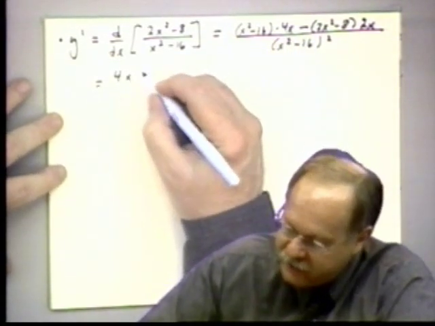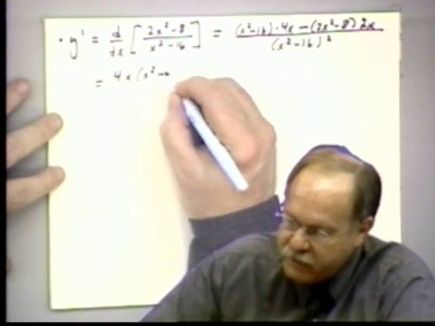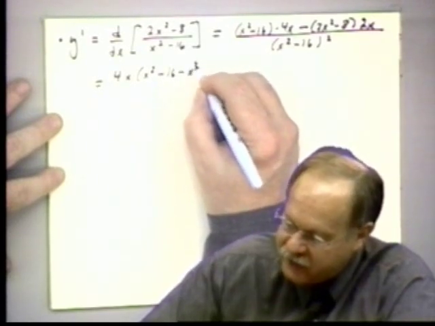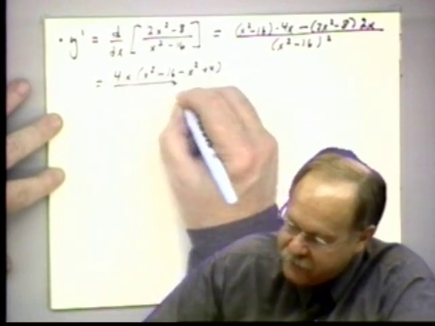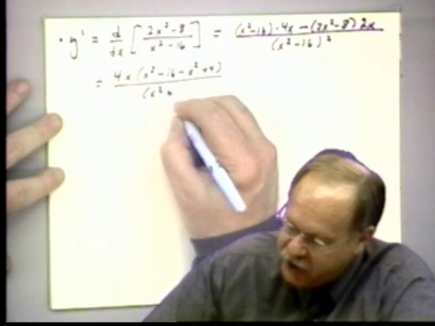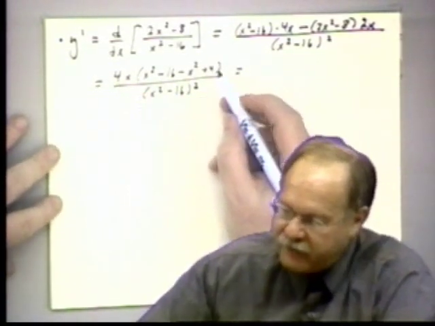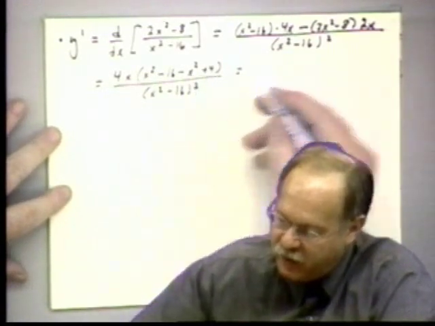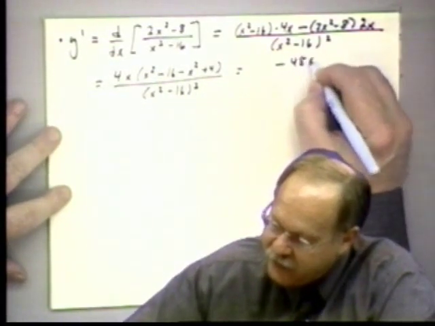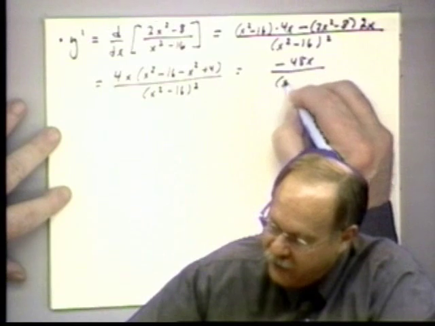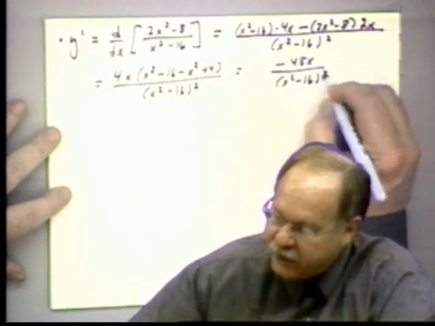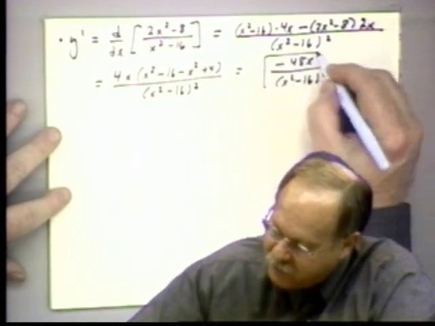I have 4x times x squared minus 16 minus x squared plus 4, it looks like. And on the bottom, that doesn't change, x squared minus 16 squared. And finally, this all nicely simplifies on the top because the two x squareds go away. And I get minus 48x over x squared minus 16 quantity squared. Here is my first derivative.